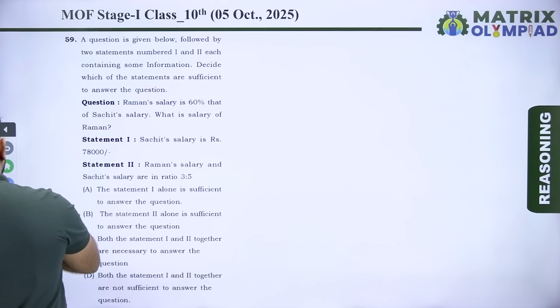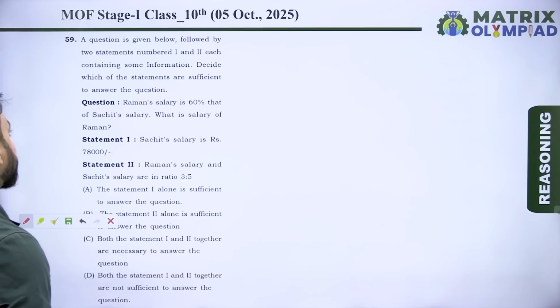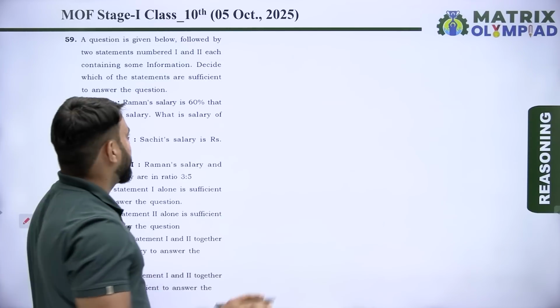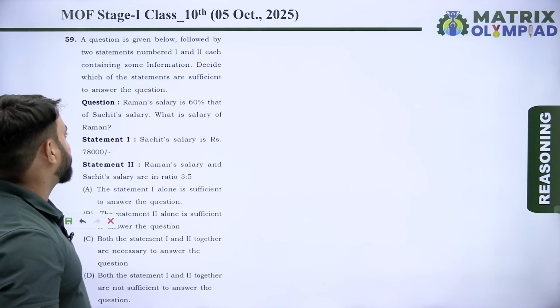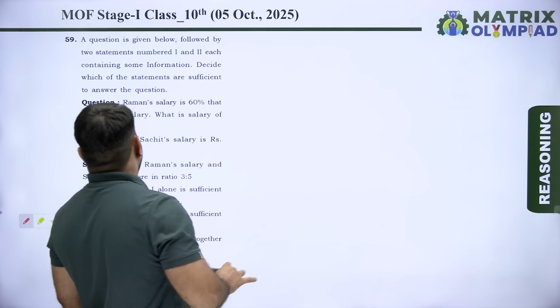So now the next question is question number 59. A question is given below followed by two statements, number 1 and 2, each containing some information. Decide which of the statements are sufficient to answer the question. So now the question is: Raman's salary is 60% that of Sachit's salary. What is the salary of Raman?